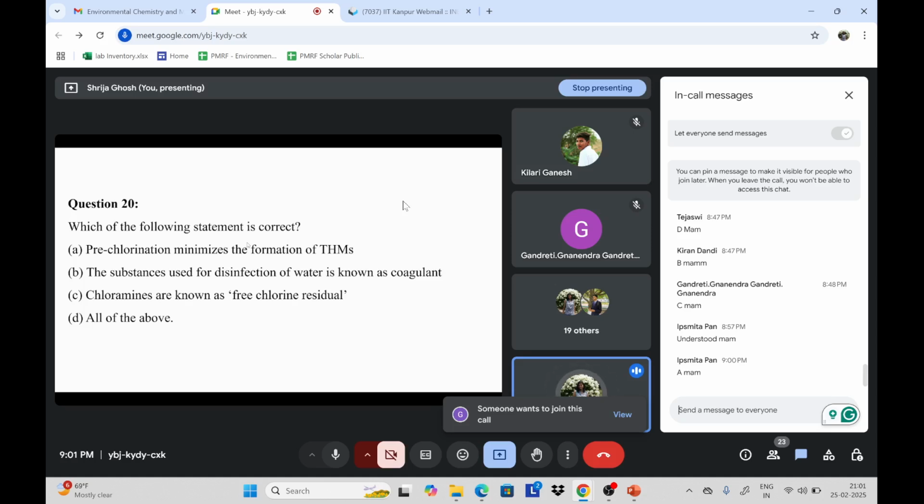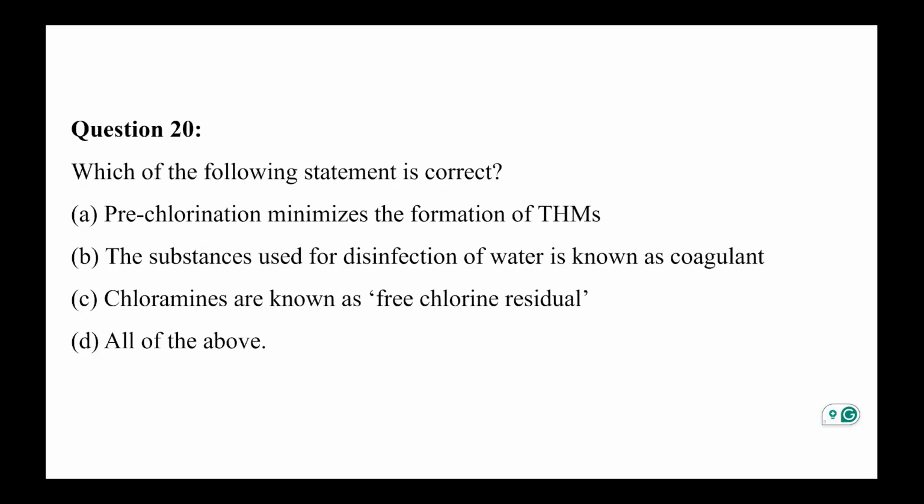I told you THMs are trihalomethanes. They are carcinogenic. So it's better to do pre-chlorination because it is minimizing the formation of THMs, which are harmful for us. Substances used for disinfection of water is known as disinfectant. Chloramines are not the free chlorine residuals.